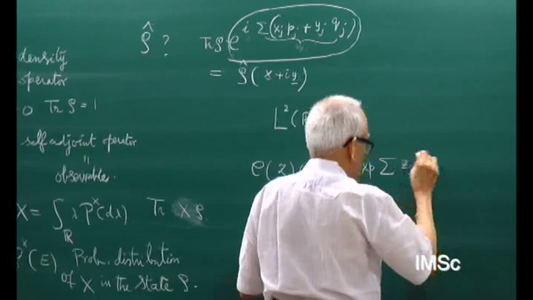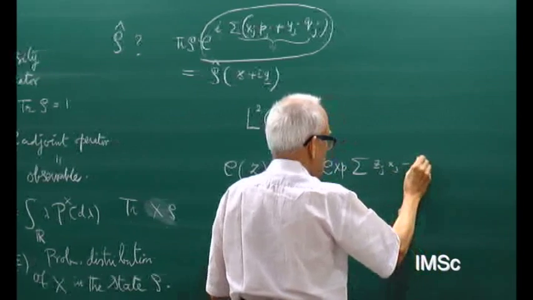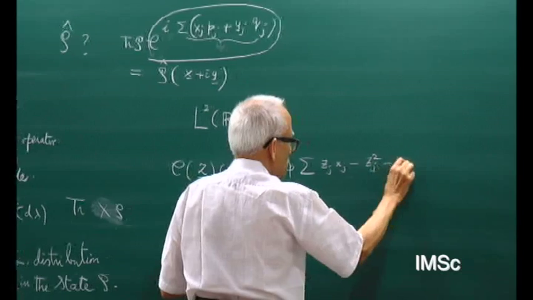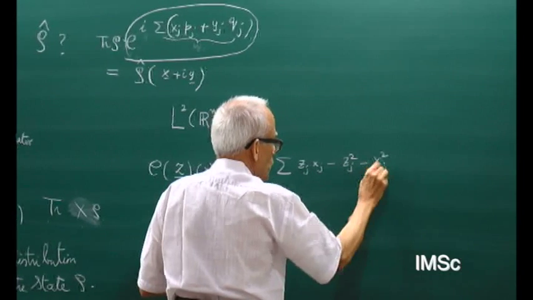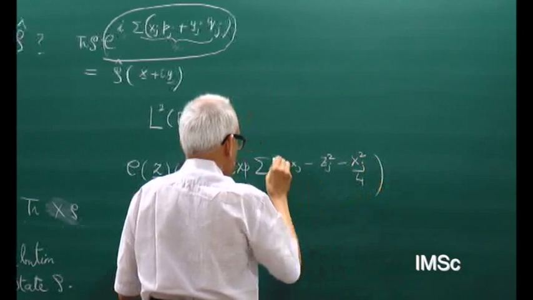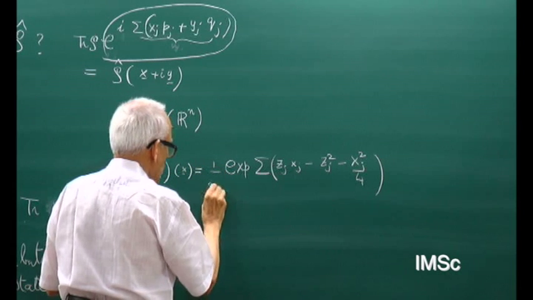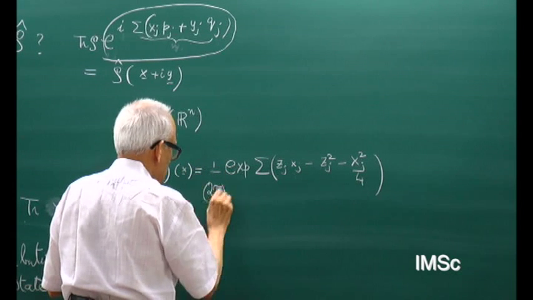It is not the real part of that. Minus z_j squared over 2 minus x_j squared over 4, into 1 over 2 pi to the n over 4.